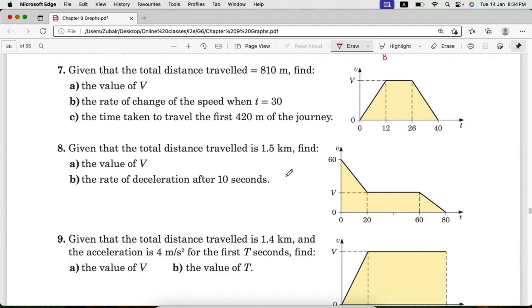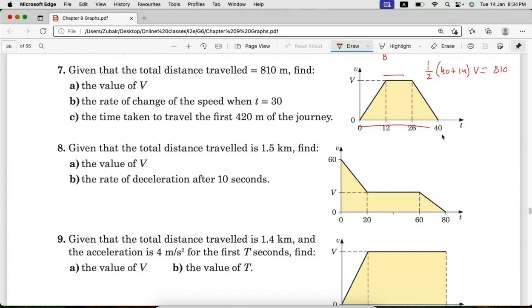It says given that the total distance is 810, find the value of V. So this is just the height. 1 by 2, sum of parallel sides, this is 40 plus, this is from 12 to 26. So 26 minus 12 is 14. Sum of parallel sides and height is V and it is already 810.